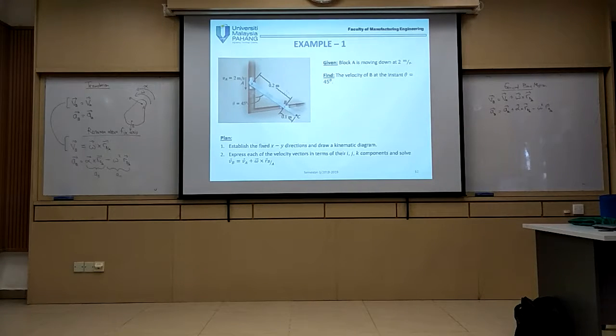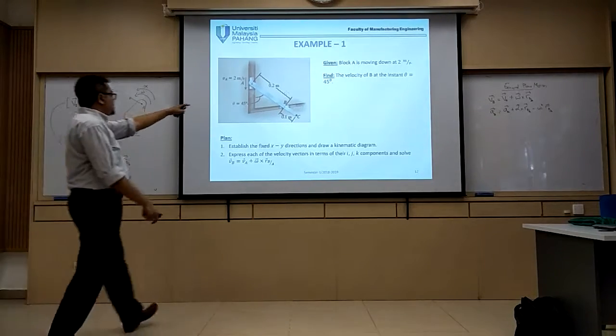So how many rigid bodies are in here? 2, or 1, or 3? One. Which one? ABC. ABC is 1 rigid body, right? Yes.